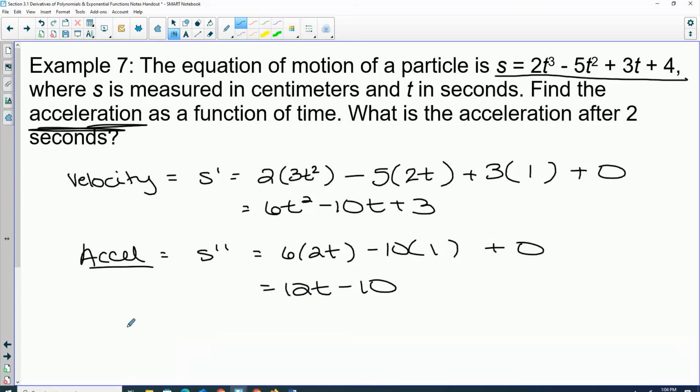I want the acceleration after 2 seconds, so t is 2. If you plug that in, you get 24 minus 10, or 14 centimeters per second.